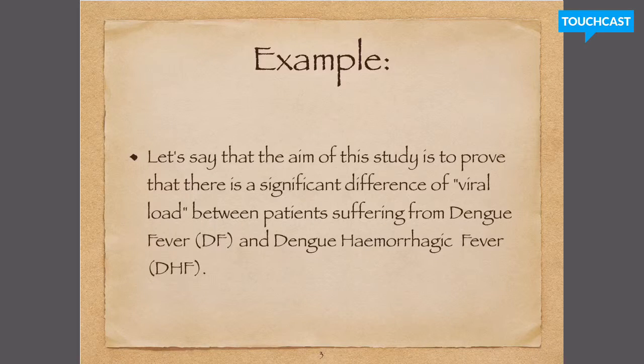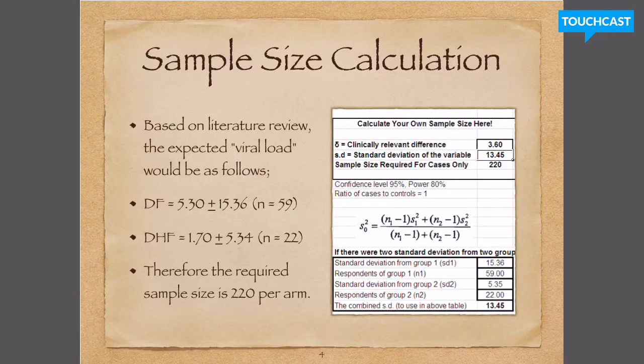Let's say that the aim of your study is to prove that there is a significant difference of viral load between patients suffering from dengue fever and dengue hemorrhagic fever. Based on your literature review, the expected viral load for dengue fever is 5.3 and for dengue hemorrhagic fever is 1.7.